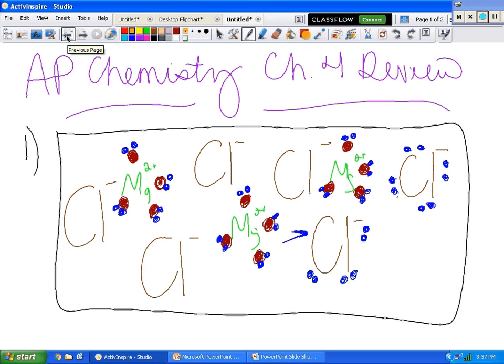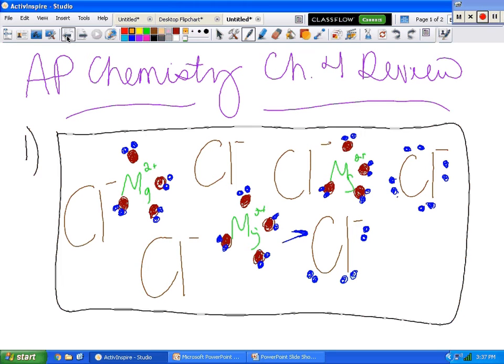The next thing, and like I said, she didn't finish, she was drawing this. Whenever you draw water around a molecule, and I told her this, last year, a question on the free response had them draw a hydration of a solid compound. They actually used calcium chloride, which is interesting because it would just be Ca2 plus rather than the magnesium ion.